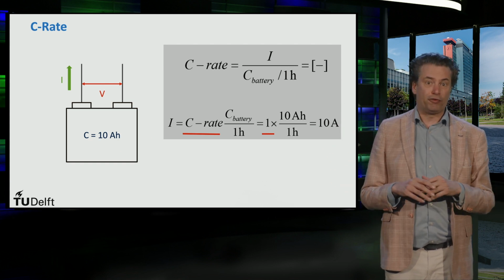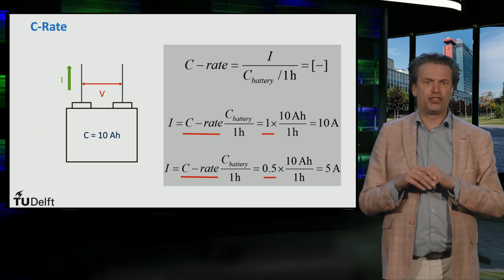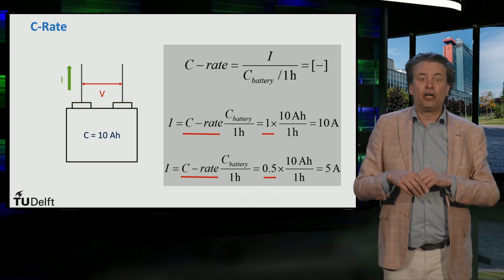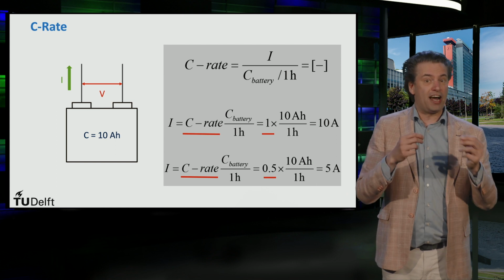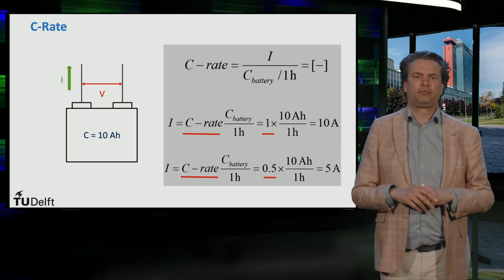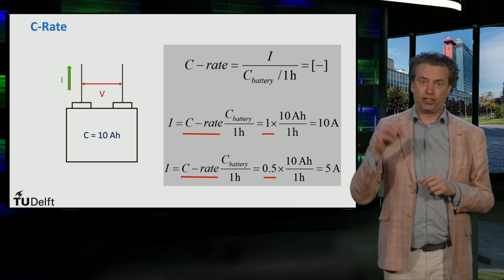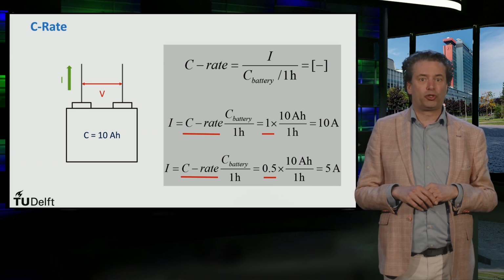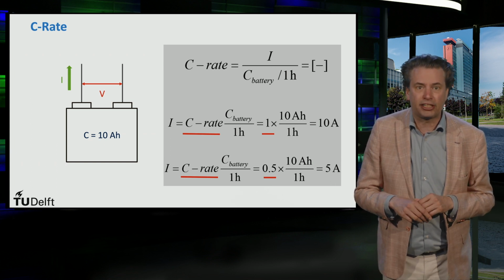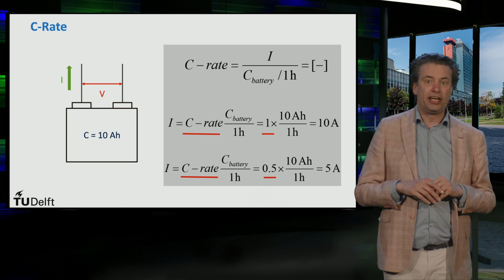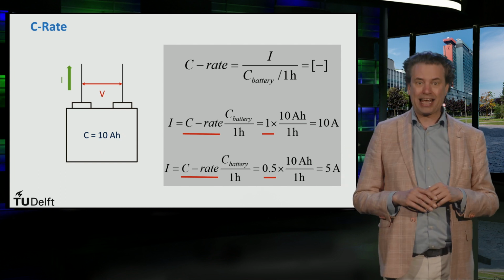And a C rate of 0.5 for the same battery would correspond to a discharge current of 5 amps over 2 hours. In general, it can be said that a C rate of N corresponds to the battery getting fully discharged in 1 over N hours, irrespective of the battery capacity.